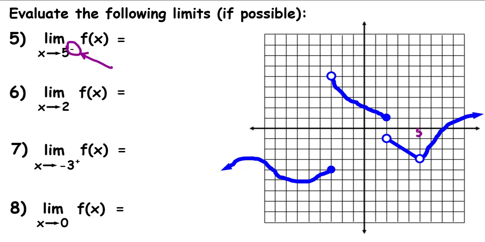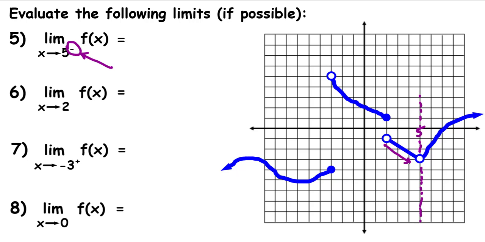Well, 5 is right here. This is x equals 5 along this dotted line. So if you approach that from the left-hand side, you're going to be coming along this particular piece of the f of x function. You are approaching an answer. Yes, there's an open circle there. That's okay. A lot of times textbooks will try to fool you with an open circle.